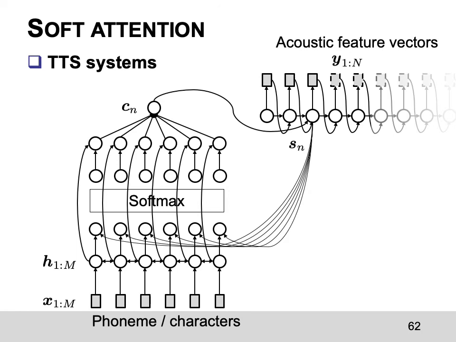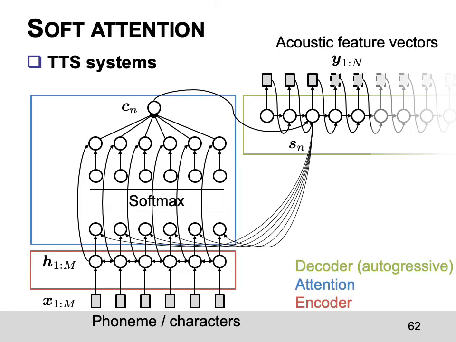Given the explanation on the soft attention, let's now quickly explain how it works in a TTS system. For the TTS system, when we use attention-based sequence-to-sequence models, we almost use the same framework as those for speech translation or machine translation or speech recognition. So in this case, the input is the phonemes or characters. The output is the acoustic feature vector sequences.